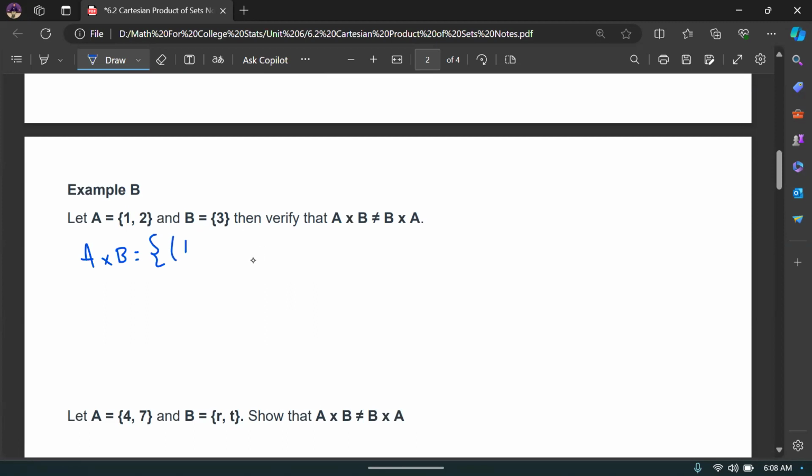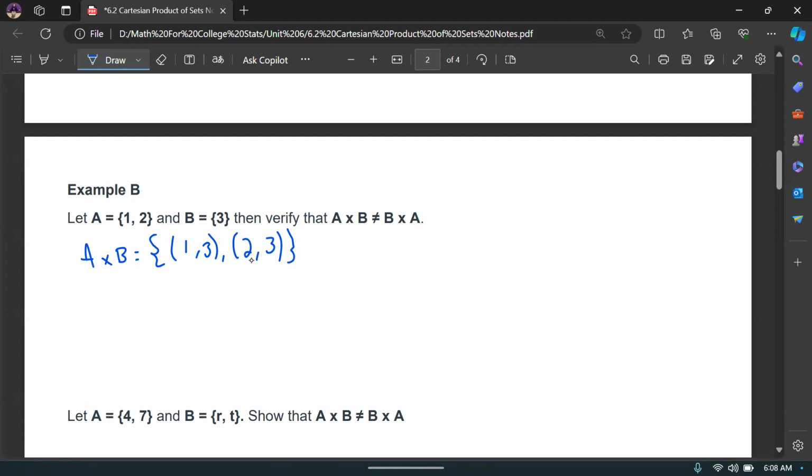So we have 1 from A is going to pair with the 3 from B. And then we're going to have the 2 from A pairing with the 3 from B. And that's all the pairs, right? So again, there's your 2 elements that I was mentioning, right? Because if there are 2 elements here times 1 element here, 2 times 1 means you're going to have 2 ordered pairs there. 2 elements of this set.